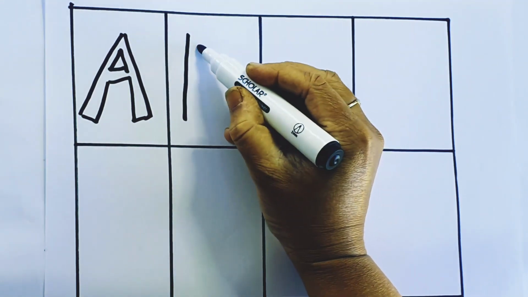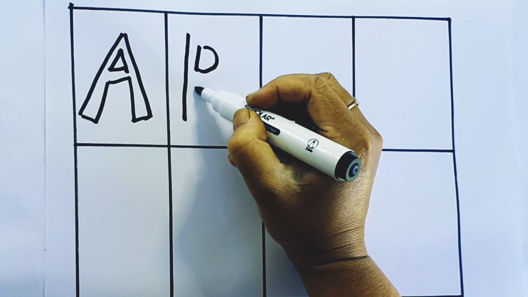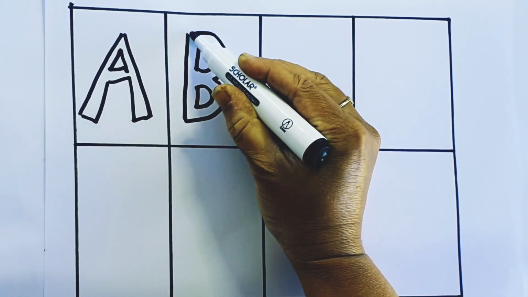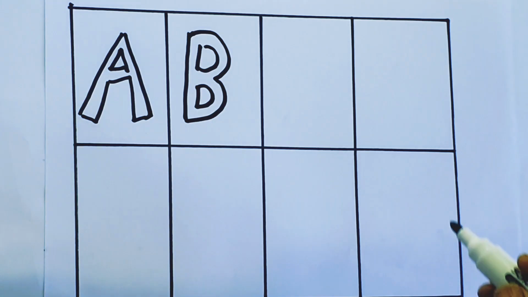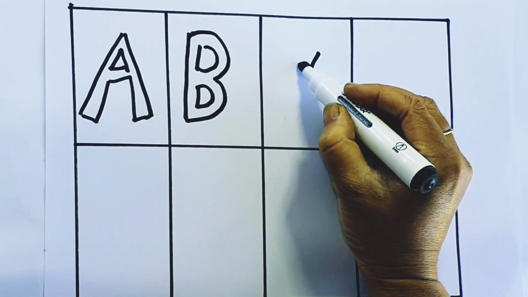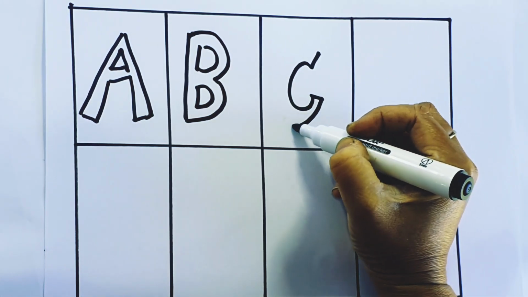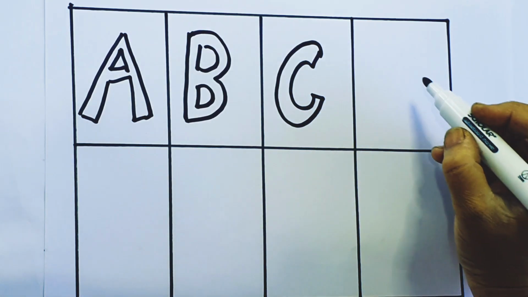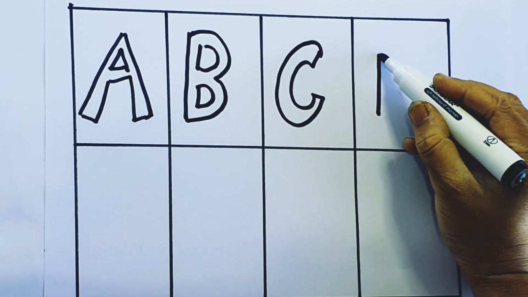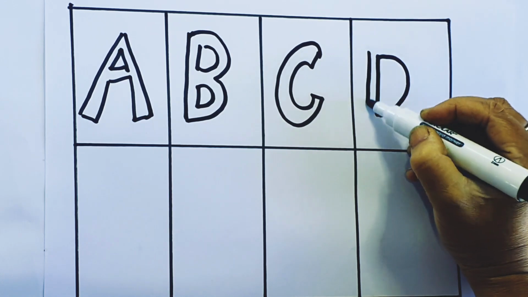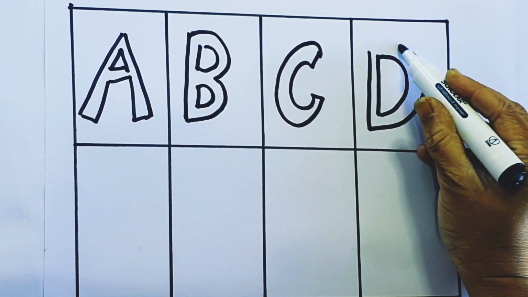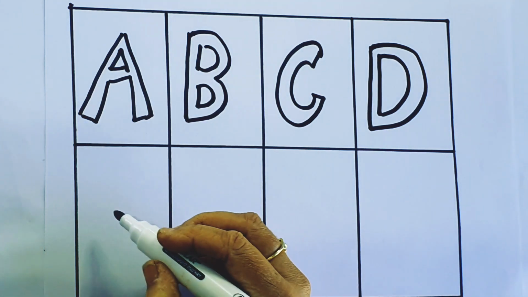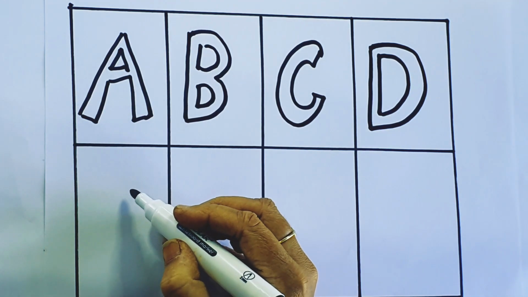B. B for butterfly. C. C for carrot. D. D for dog.